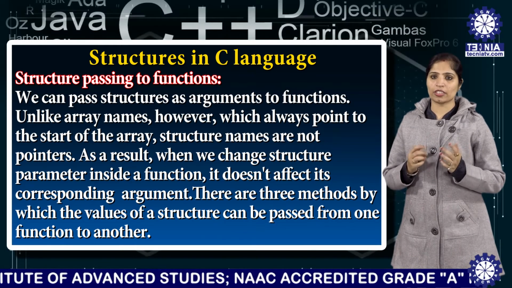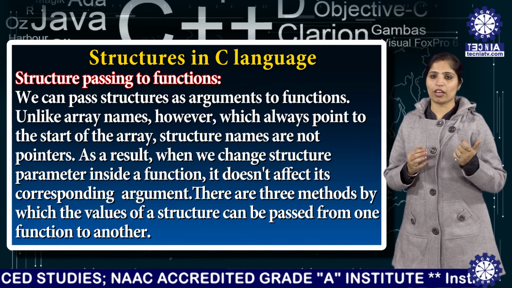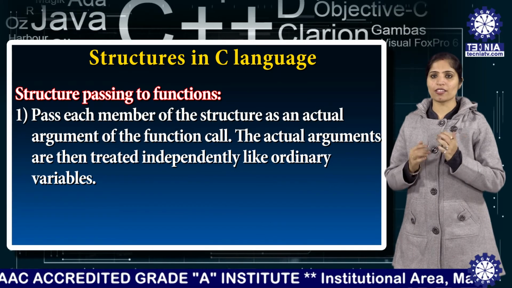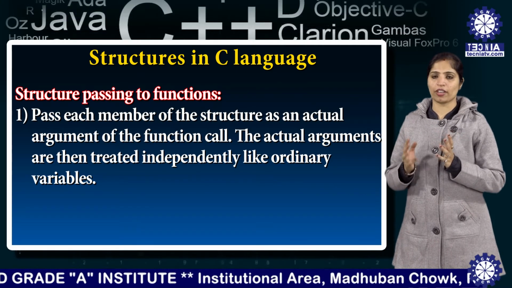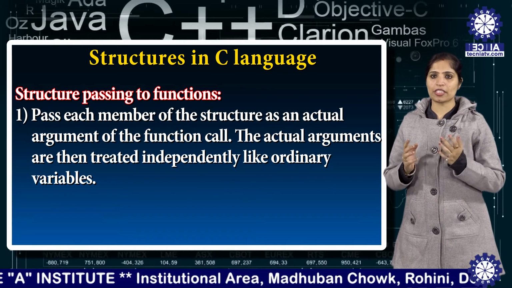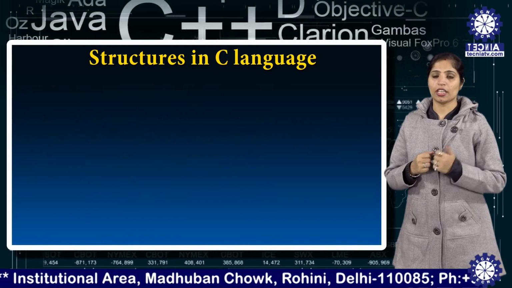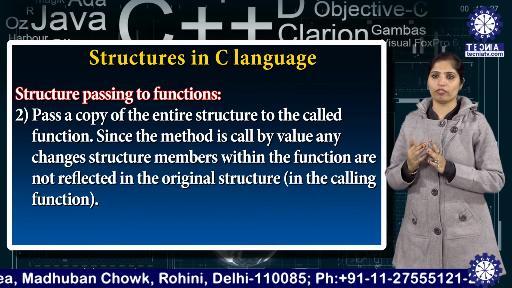There are three methods by which the value of a structure can be passed from one function to another. First is to pass each member of the structure as an actual argument to the function call. The actual arguments are then treated independently like ordinary variables. Second is to pass a copy of the entire structure to the called function.